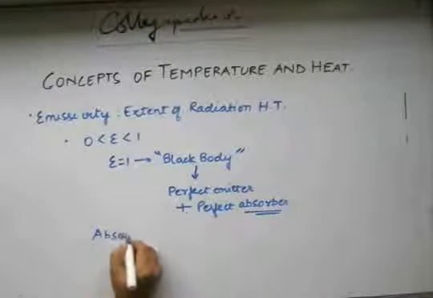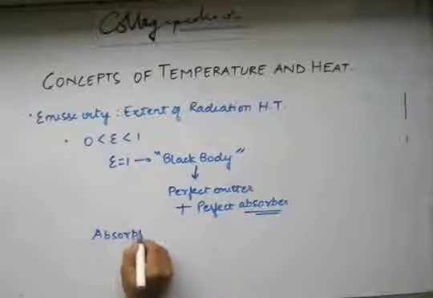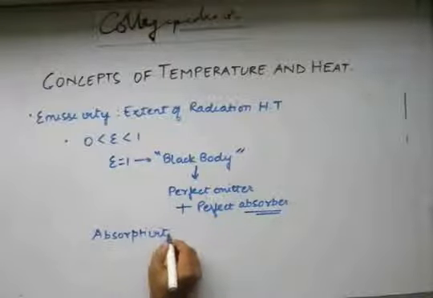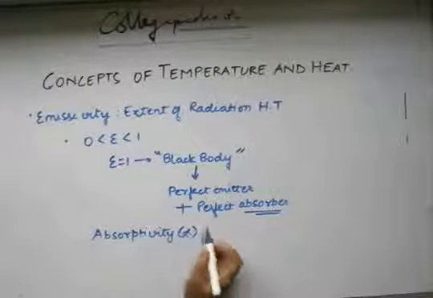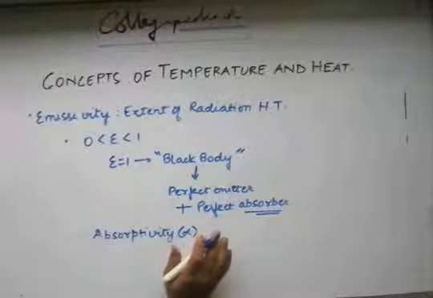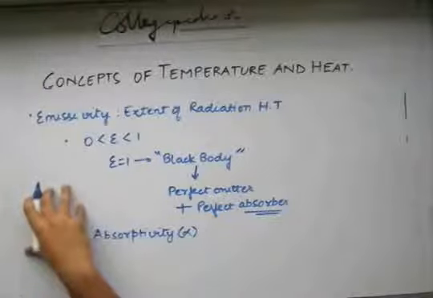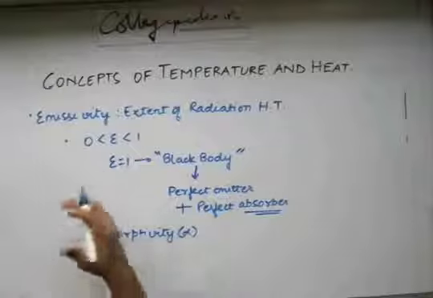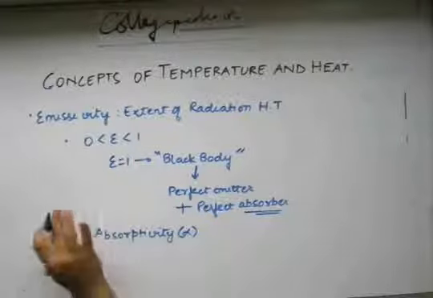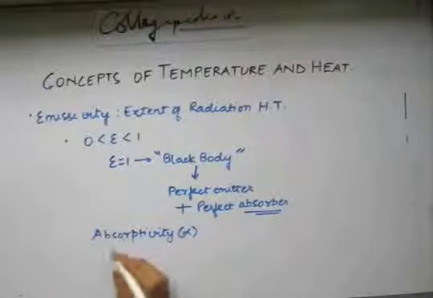We have something called absorptivity. This is the extent of absorption of radiation energy by a body. So if we have a body, the extent up to which it is going to absorb heat from other sources by radiation is basically denoted by alpha.